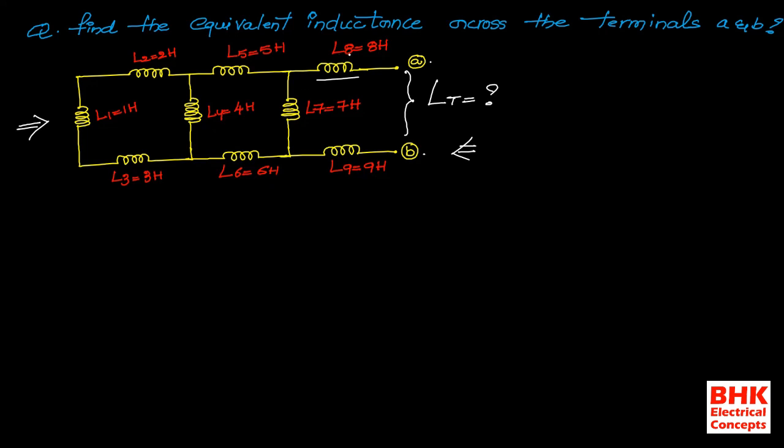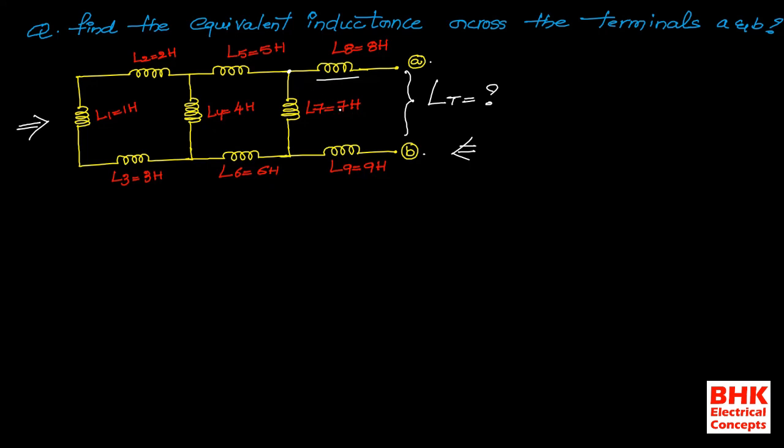L8 and L7 are in series only when no inductance is connected at this point. If there is a connection of L5 here, then L8 and L7 are not in series. That is the reason many students make mistakes because of this confusion.